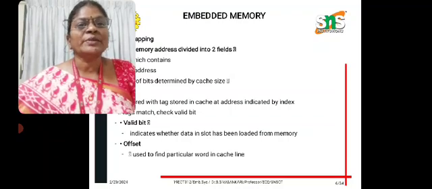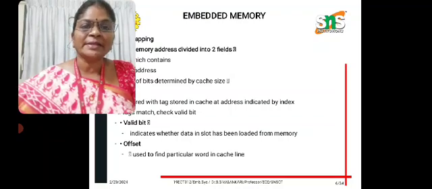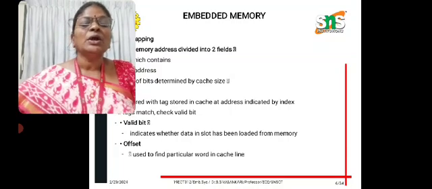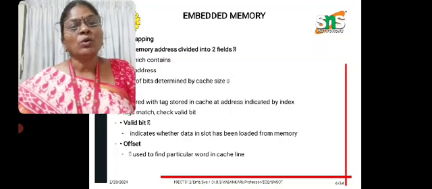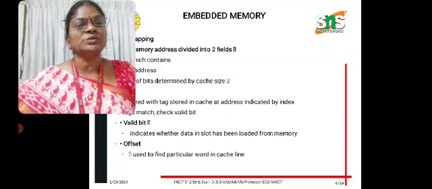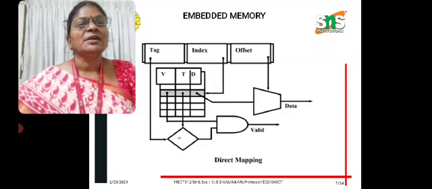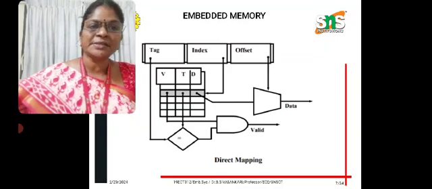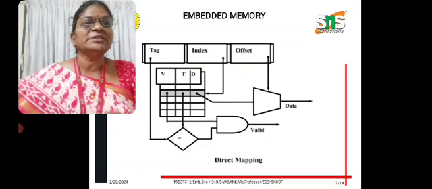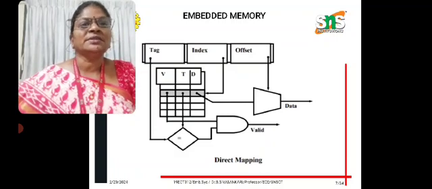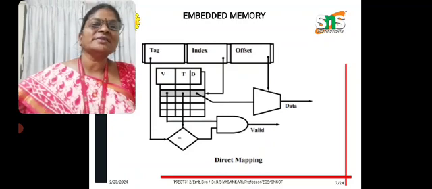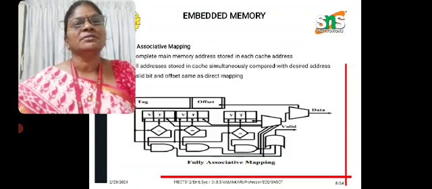Here there are two things, the valid bit and the offset. The valid bit indicates whether the data in the slot has been loaded from memory, and the offset is used to find the particular word in the cache line. So this is direct mapping in an embedded memory: tag, index, and offset, with the data output and valid. V represents valid, T represents tag, and D represents data.